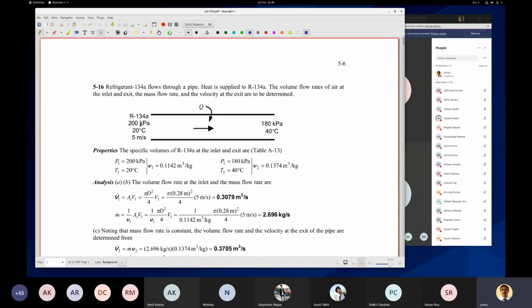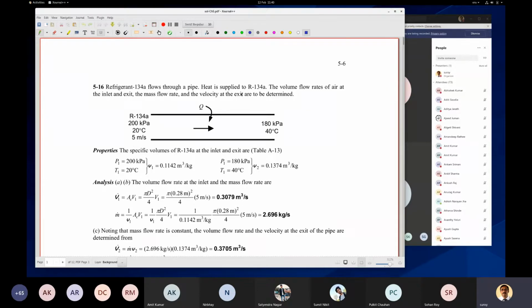Quality X equal to 1 means complete vapor. Quality X equal to 0 means saturated liquid. So one is saturated vapor, the other saturated liquid, and in between you have to interpolate linearly and find it out.